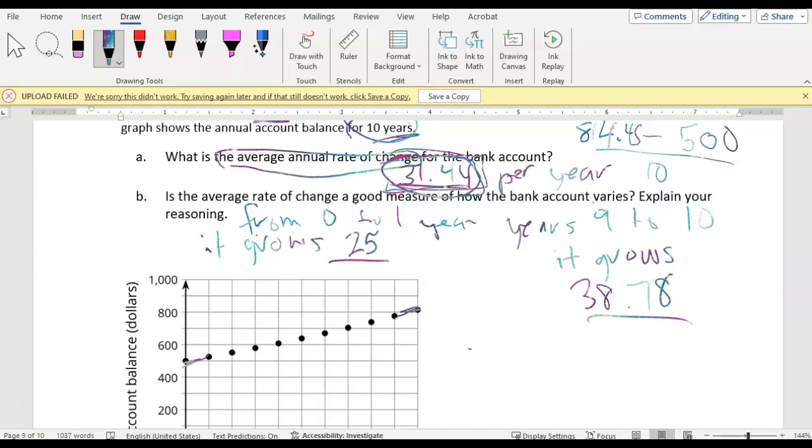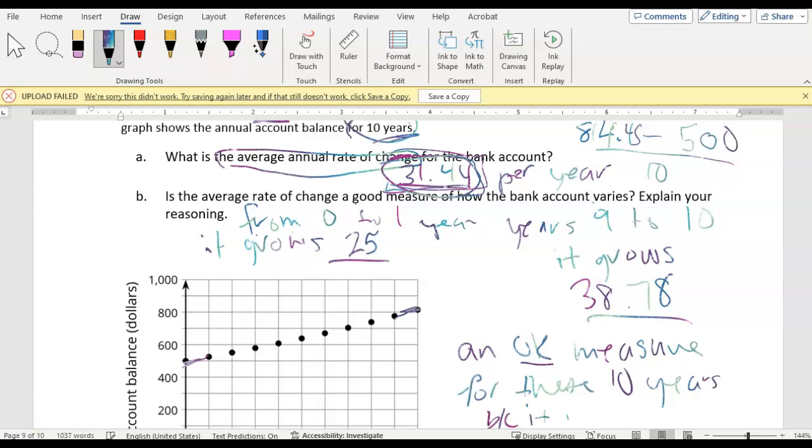So we would say this is an okay measure for these 10 years because it is only 5% that's changing.